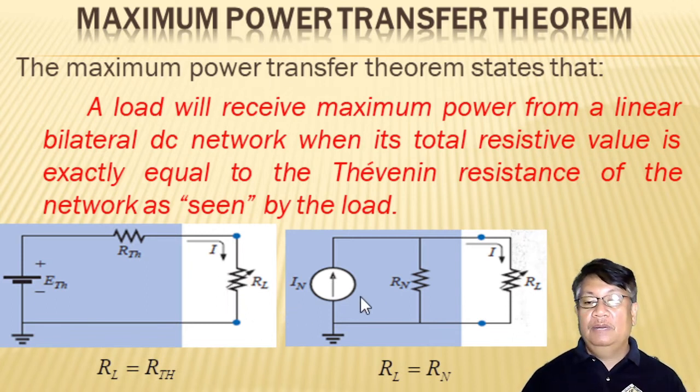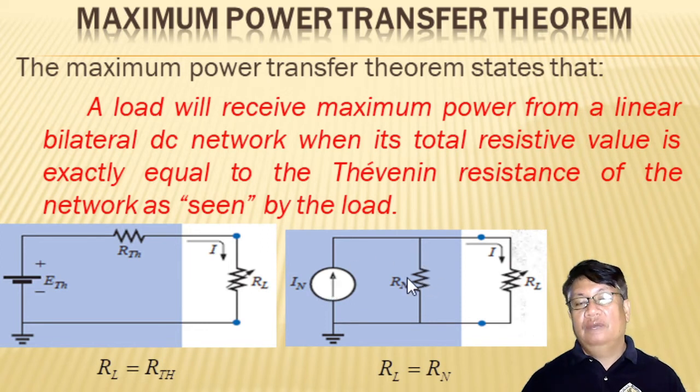Or with the equivalent current source, it is called Norton. So I sub N, the Norton current, you have the Norton resistance, and the variable load resistance here.